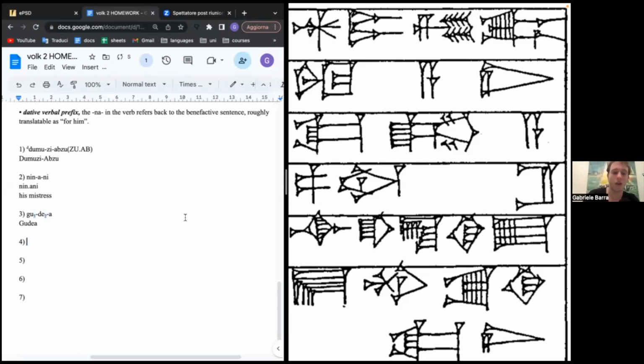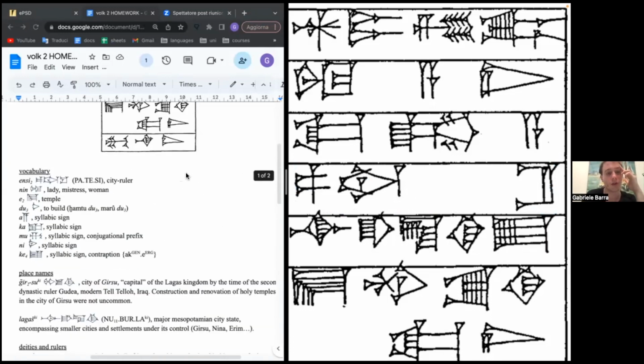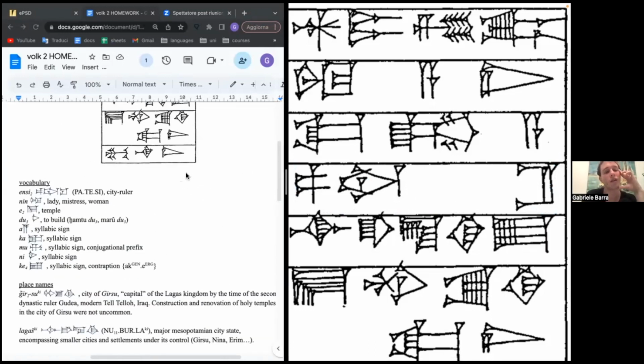All right. What about line number 4? Now, this is a very tricky one because it's not what it looks like. I mean, it's a compound one. So I guess I'll still do it myself if nobody wants to go for it. The first one is pa. Yeah. Go ahead. It's pa. Good. And te.